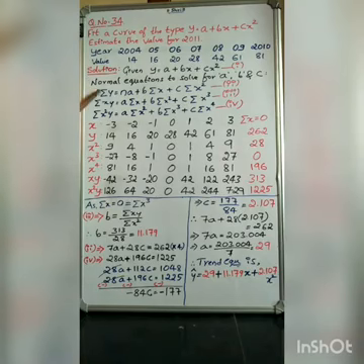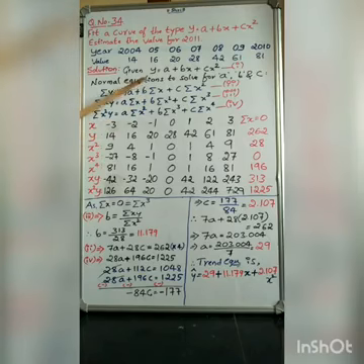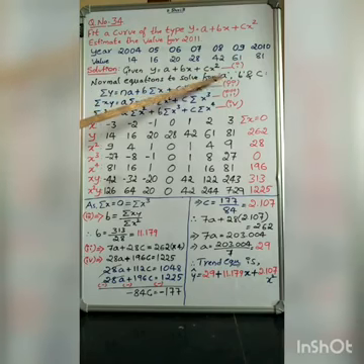So the normal equations to solve for constants a, b and c are these three. Let us call the main quadratic equation y is equal to a plus bx plus cx square equation 1, and these three normal equations respectively equation 2, 3 and 4.